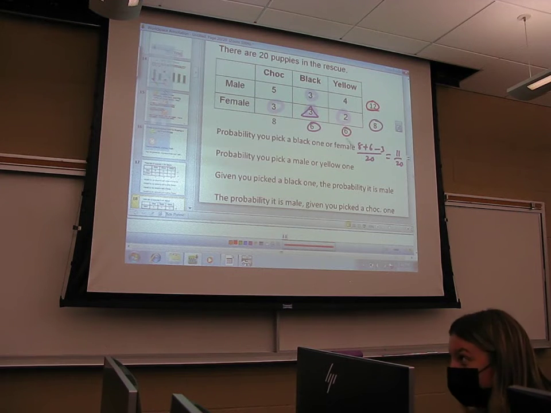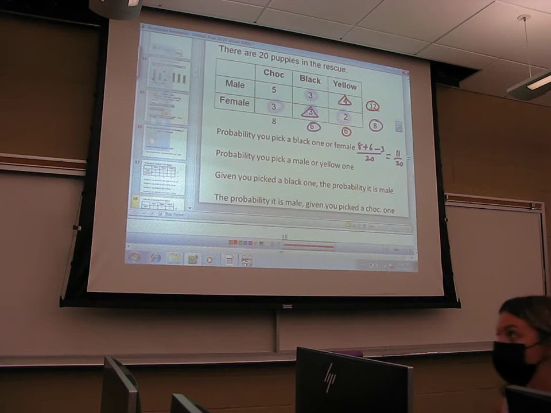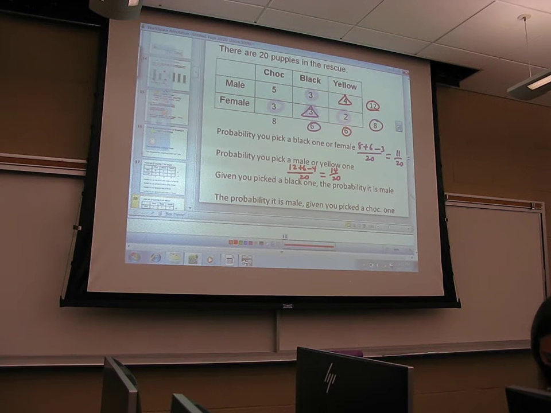Yellow, there's 6 yellows, but I'm double counting these 4 male yellows. So 12 plus 6 minus 4 out of 20. 14 out of 20? Good, yeah?